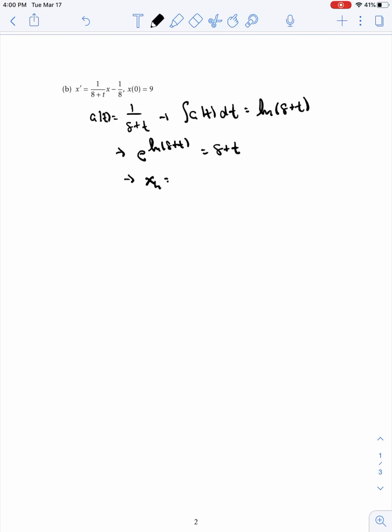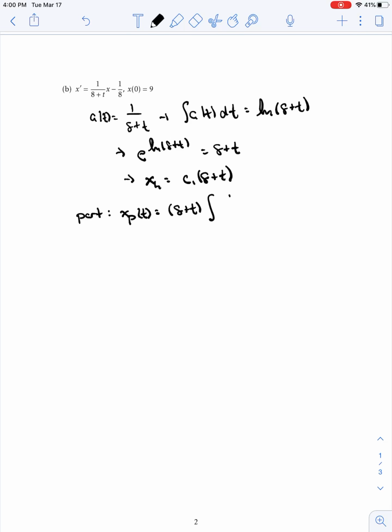So the homogeneous solution then is C1 times 8 plus t. Now for the particular solution, we use our variation of parameters formula again, which says that the particular is the homogeneous piece.